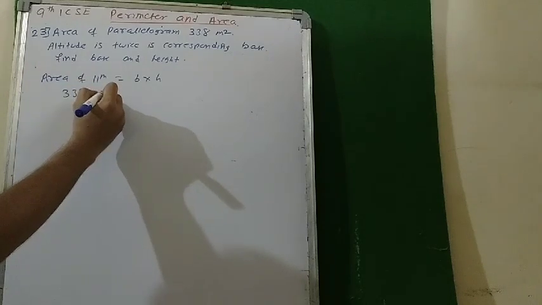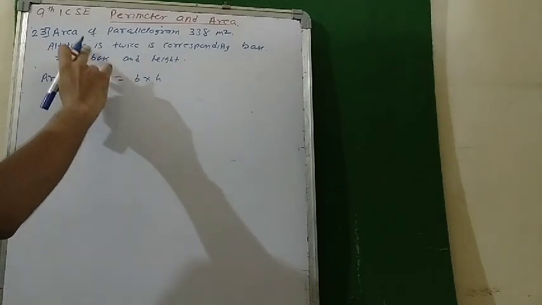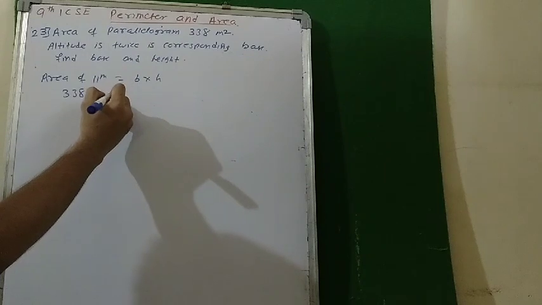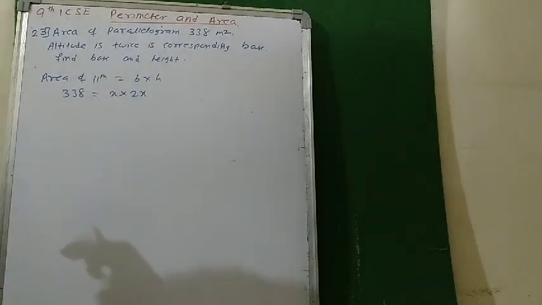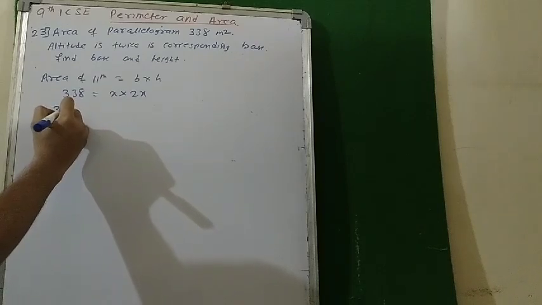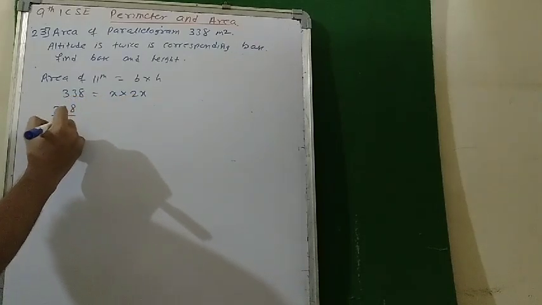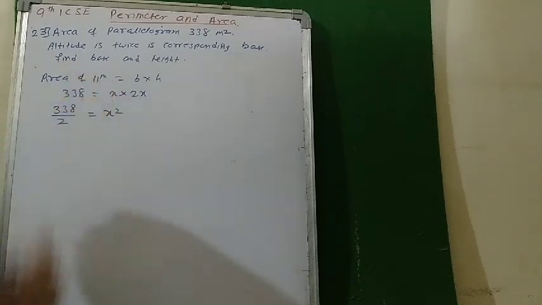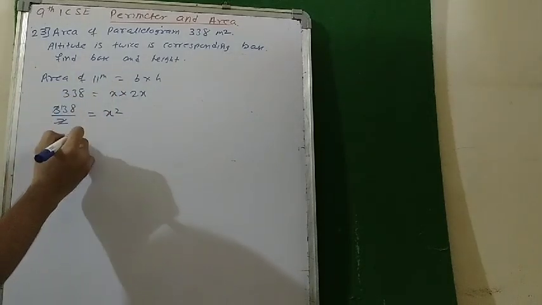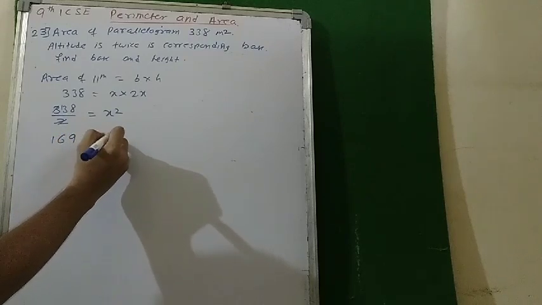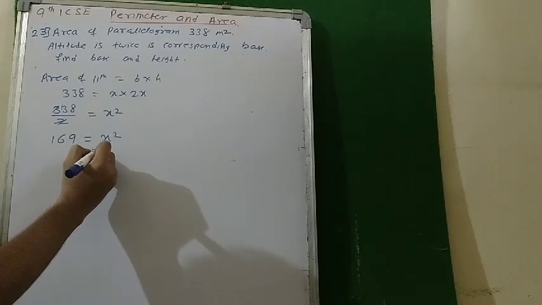Base is equal to, see, altitude means height. Height is twice its base. If base is equal to x, then height is 2 into x. So 338 equals x into 2x, the 2 will come here and get divided, so we have 169 equals x square. So what is x? x is equal to 13.